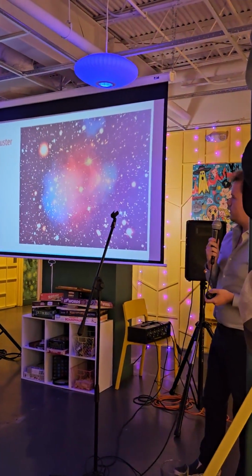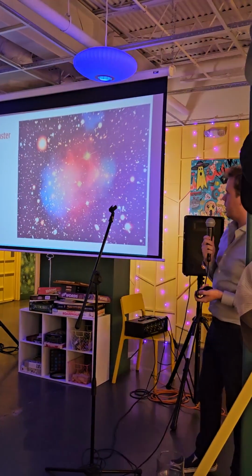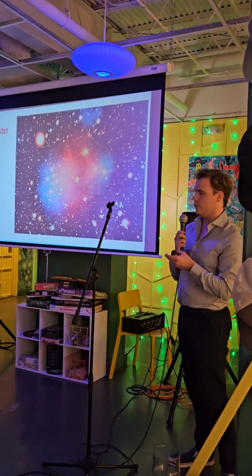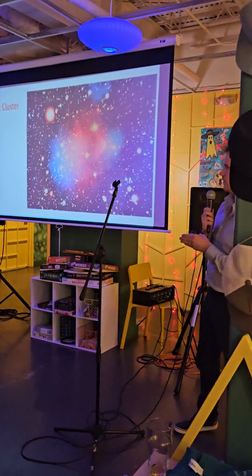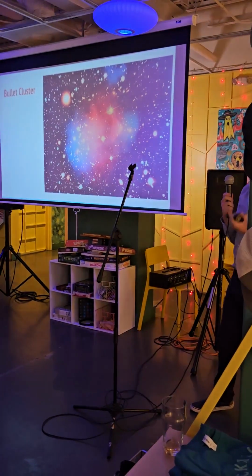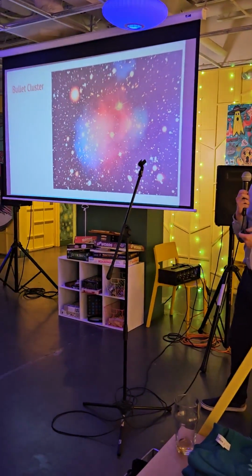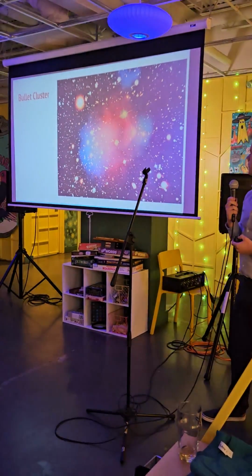So there must be some missing matter that we don't actually see. And this is what we call dark matter. There must be something in that blue region that is holding those clusters of galaxies together, but we don't actually observe it electromagnetically or with light. So this is one of the strongest pieces of evidence that we have that dark matter exists.